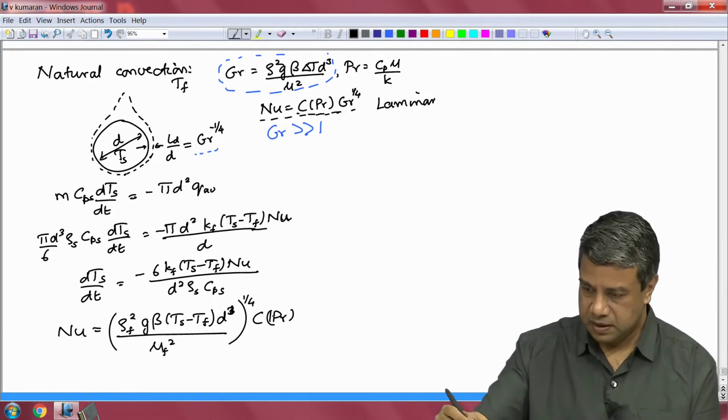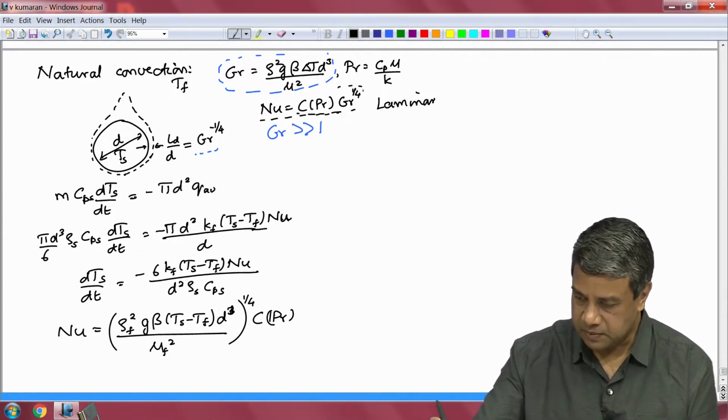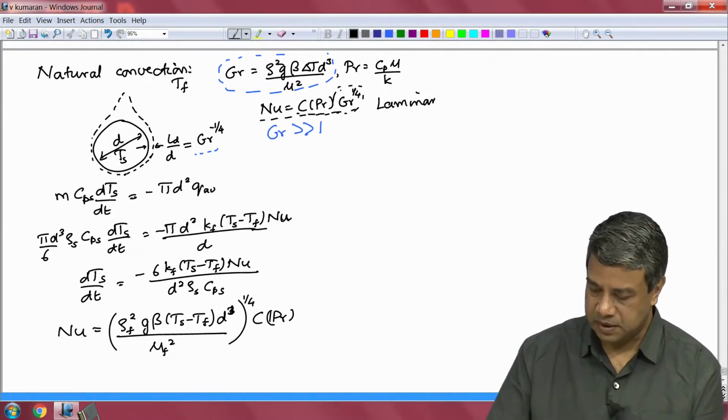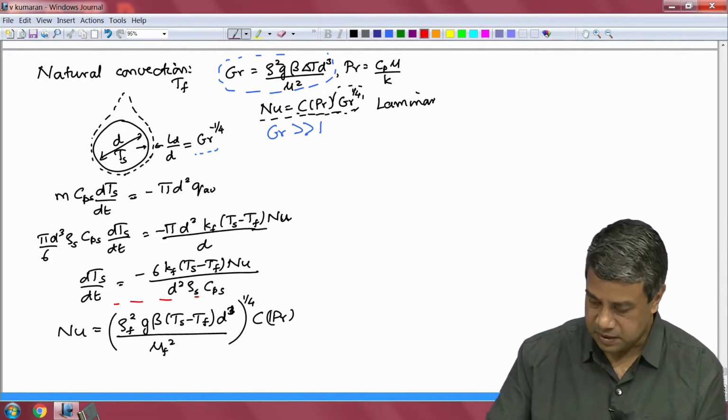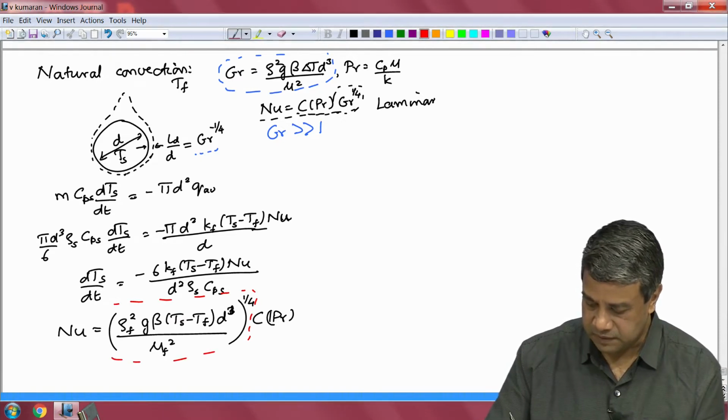So, the Nusselt number is equal to the Grashof number power 1/4 times a function of the Prandtl number, and I have just substituted for the Grashof number here.